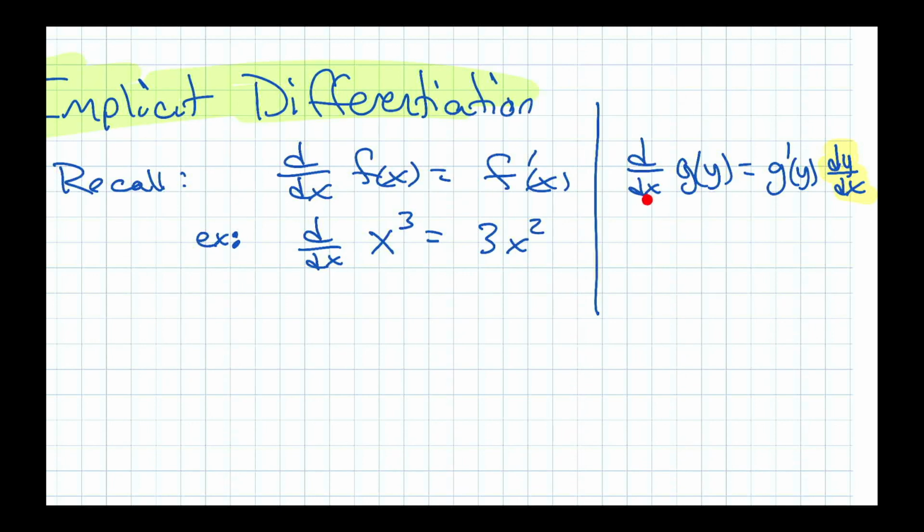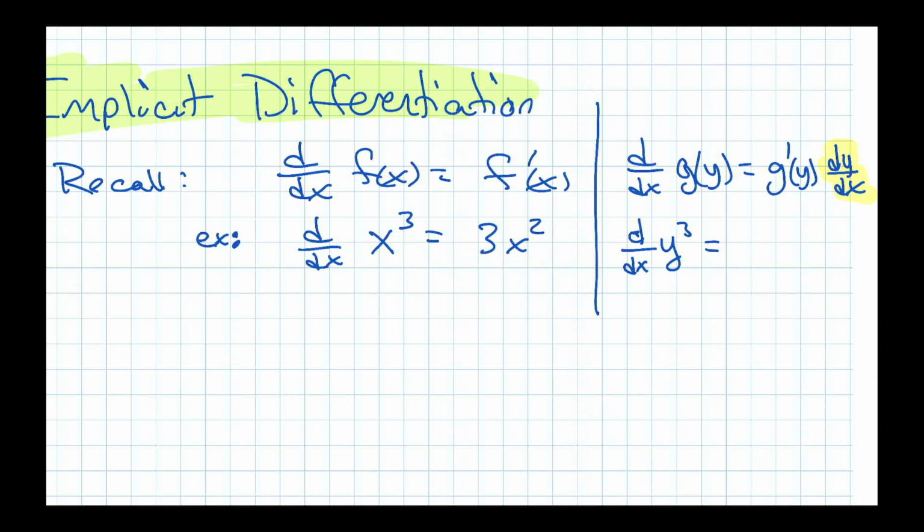And it's because this is the derivative with respect to x of a function of y. And you're assuming that y is a function of x. And that means the chain rule tacks this on. Okay, that's not a derivation, I'm just stating it. From a practical standpoint, what that means is if you do the derivative with respect to x of y cubed instead of x cubed, you do the derivative just like you did right here.